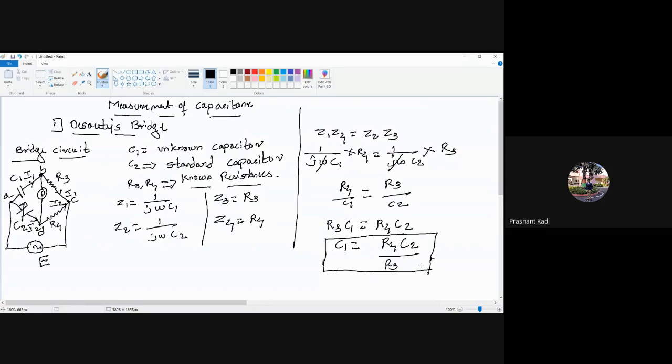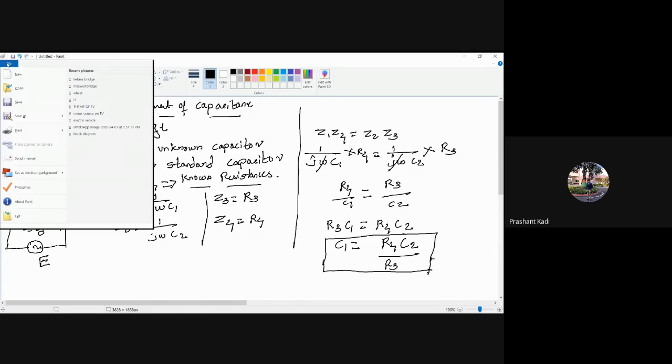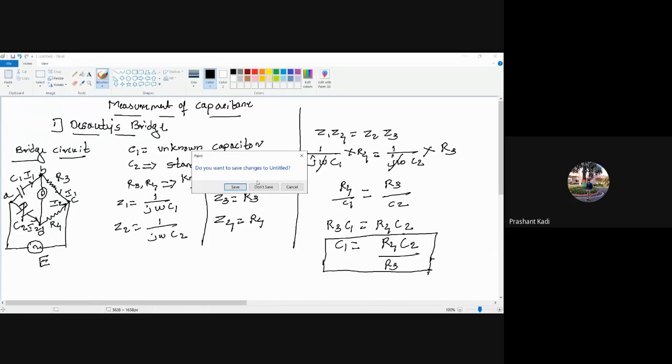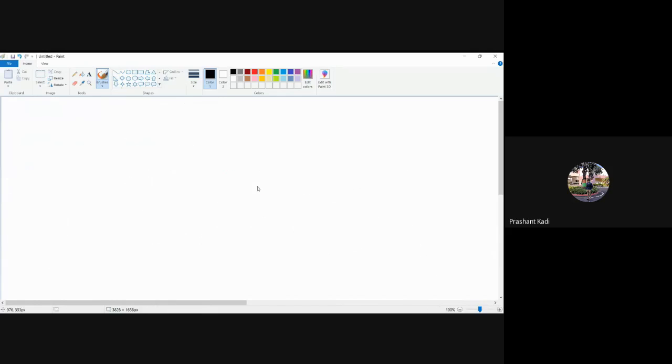It's also simple. I will draw the bridge network. Try to find the capacitance. We'll complete at exactly 1 p.m. Still 5 minutes time is there. I will draw the bridge network. Try to find its unknown capacitance.